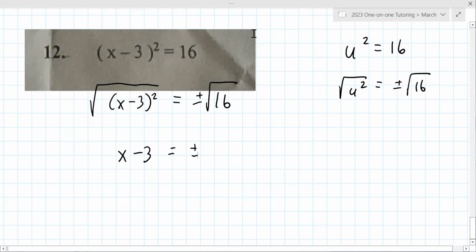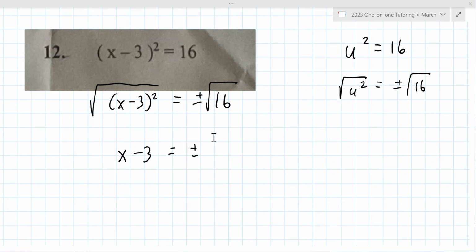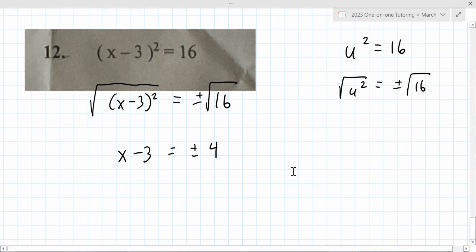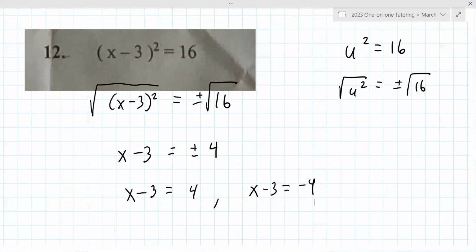What is the square root of 16? 4. Good. So this is where you might have seen like a case 1, case 2 scenario. You set x minus 3 equal to 4 and x minus 3 equal to negative 4, and you solve each of them separately.